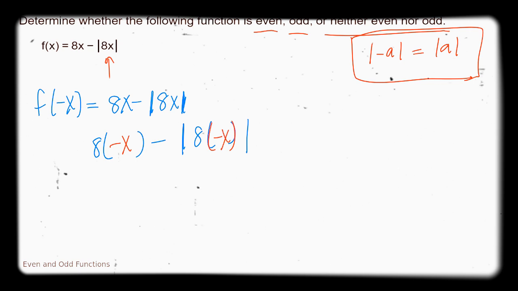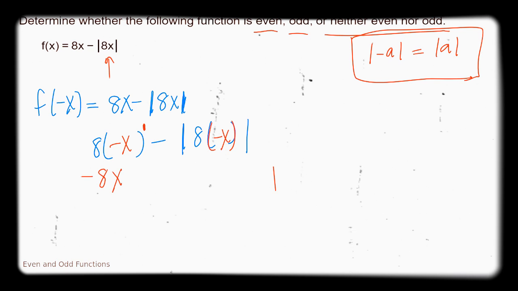And when I do that, for the first one I get negative 8x. It's not being raised to a power higher than 1, so it just stays negative x. Multiply that by 8, you get negative 8x.